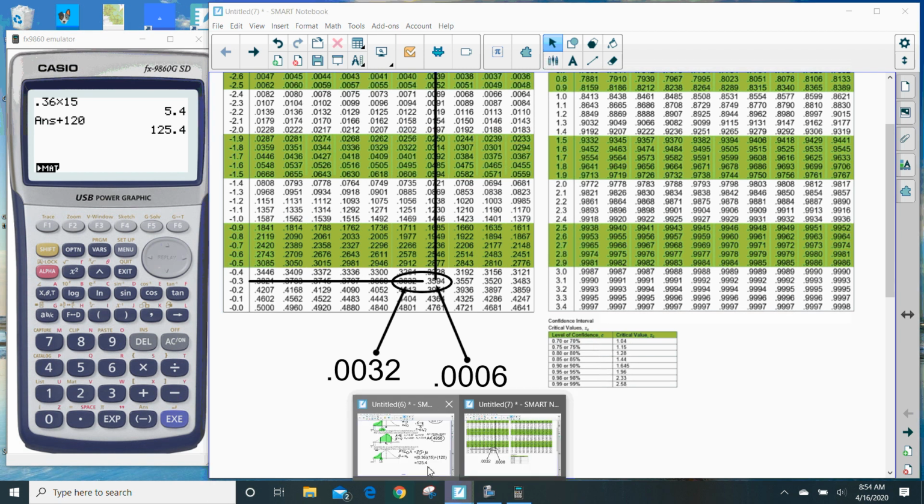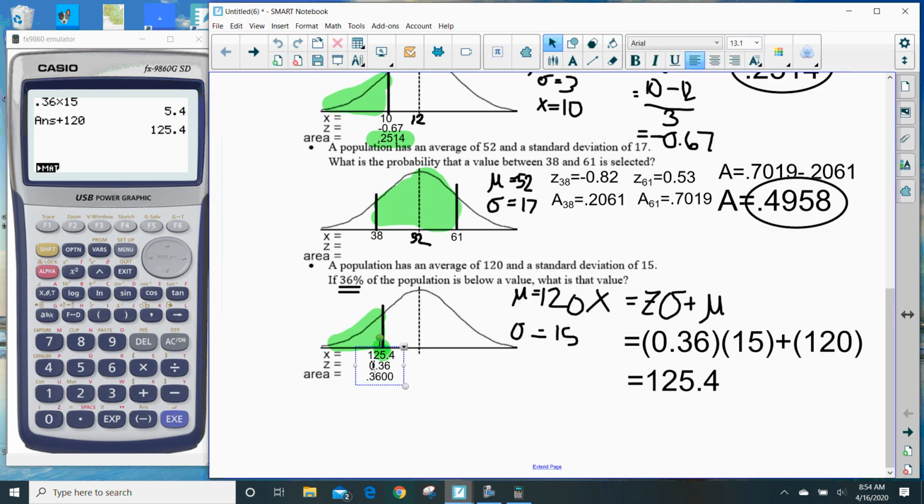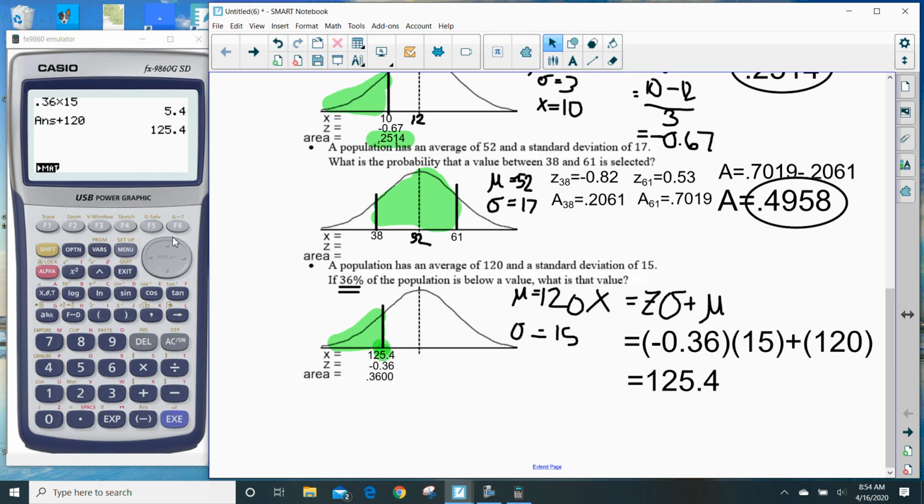So let's adjust our work. Sorry. This z-score, one that I fed you, is correct but incorrect. It's negative 0.36. So let's try that again one more time. Negative 0.36 times sigma plus mu makes a lot more sense. I'm sorry about that, kiddos.